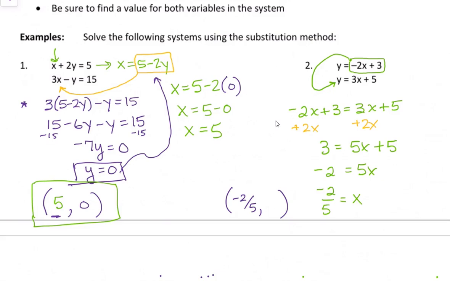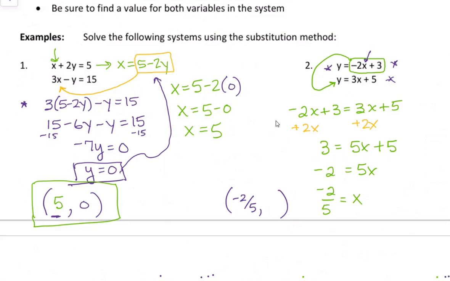All right, so we're going to plug this negative 2/5 in for x, and we can go back to either one of those original equations because both of those equations are solved for y. So you can pick either one. Generally, I just usually pick the first one that's there in the system. So I'm going to use this first equation, and I'm going to replace that x with my negative 2/5.